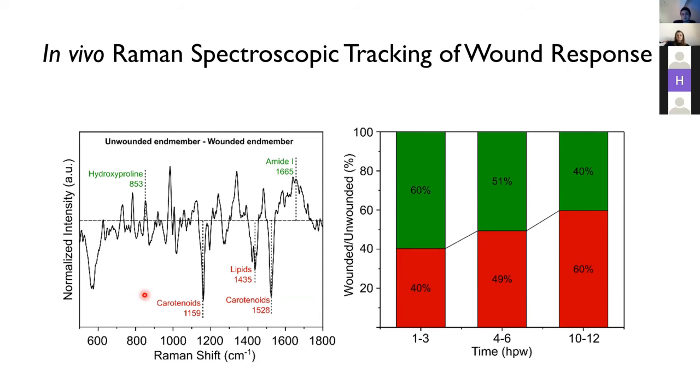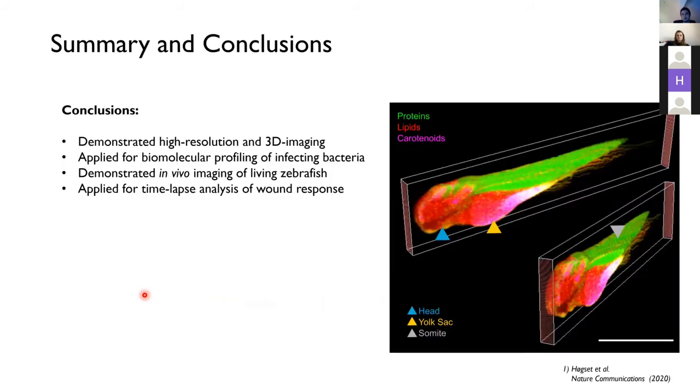So to conclude, we demonstrated both high resolution and 3D imaging that is applicable to zebrafish using confocal Raman spectroscopic imaging. And we have applied confocal Raman spectroscopic imaging for biomolecular profiling and discrimination of different mutant bacterial strains during infection.